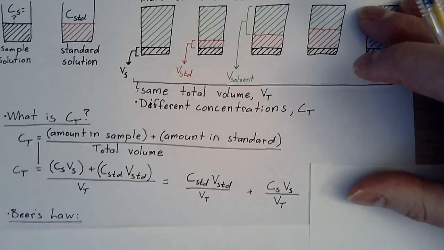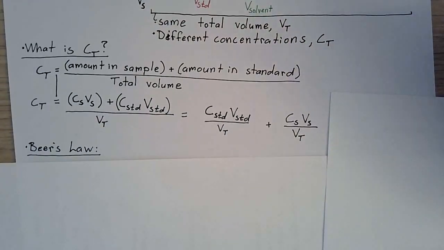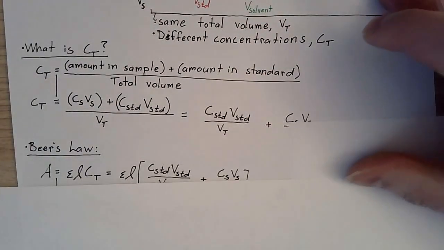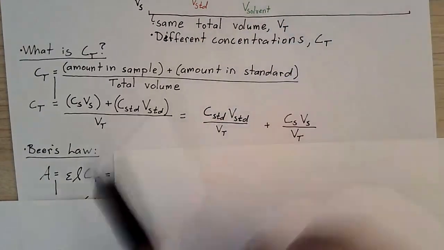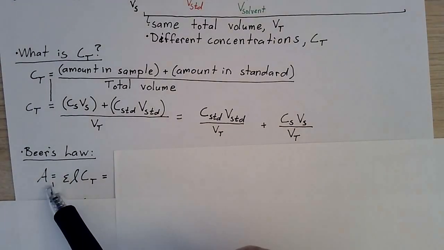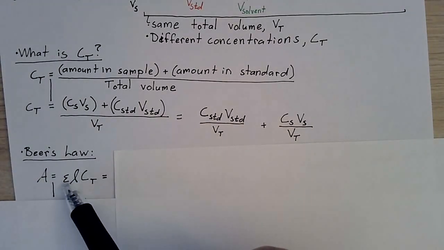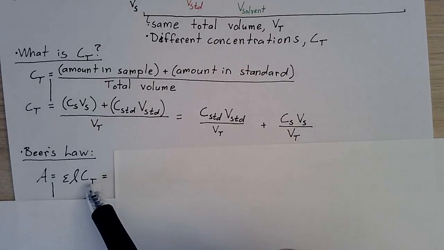And now we use Beer's law. So Beer's law comes in, and it's the same procedure as it was previously. Once again, we have the absorbance equals the absorptivity times the path length times the total concentration of the solute. Okay?